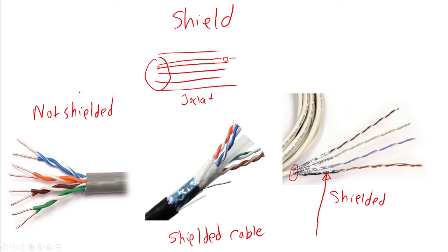The shield can be braided or it can be solid. It's typically made of foil. The different materials include copper and aluminum. And you can see in this cable we also have a drain wire, which can be used to connect the cable to a ground.